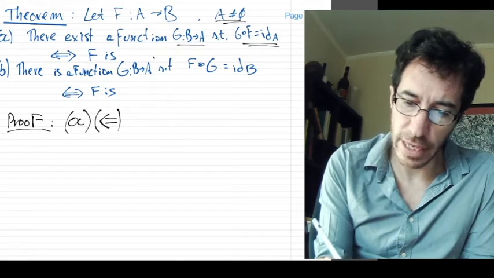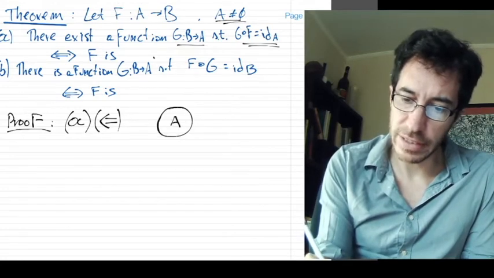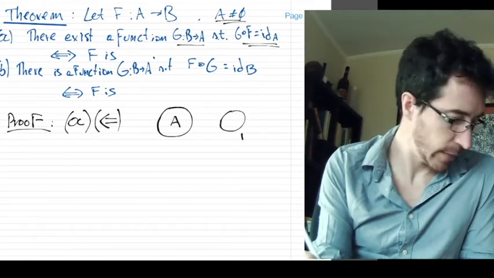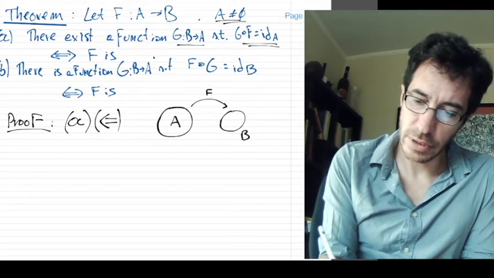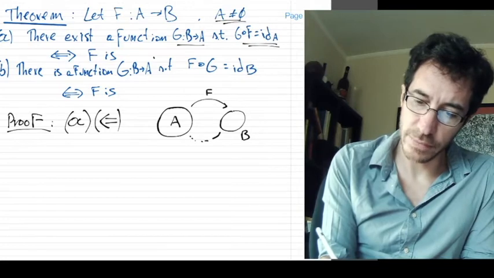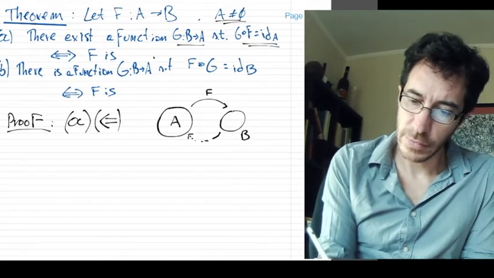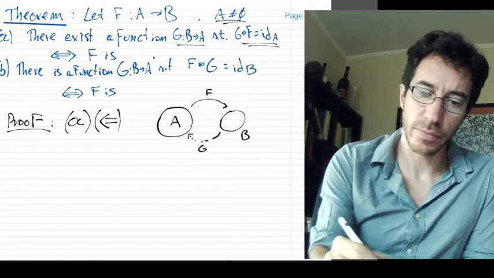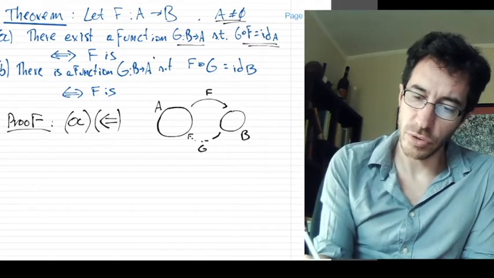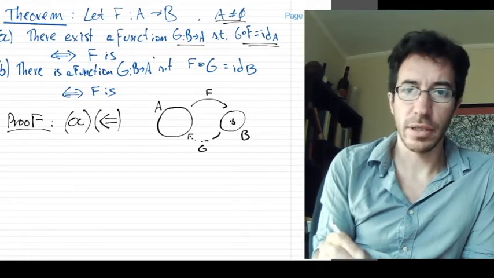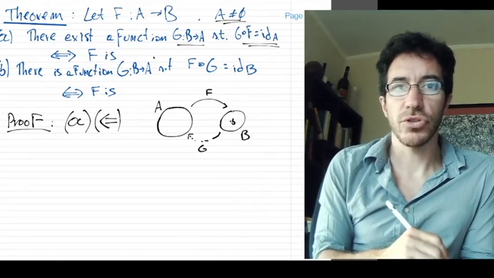We have a set A, and we have a set B, and we have our function F, and we would like to define G so that when you compose, we get the identity, right? So suppose we have an element here in B, and we want to define G. But what do we want?